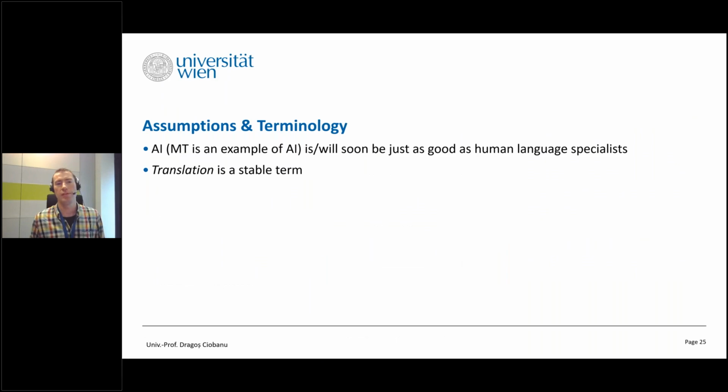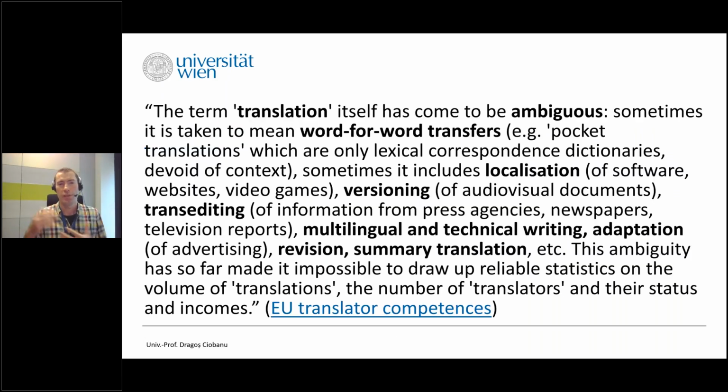Another assumption is that translation itself is a stable term, but we're seeing that various people, clients, but also some people in project management positions, understand whatever they understand. So it could be word for word transfers, but it could be full localization, versioning, writing, adaptation, all kinds of tasks which some people understand.